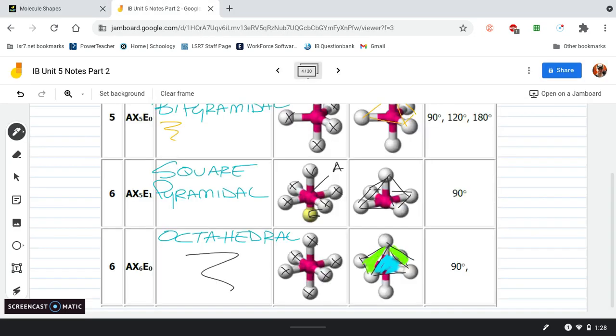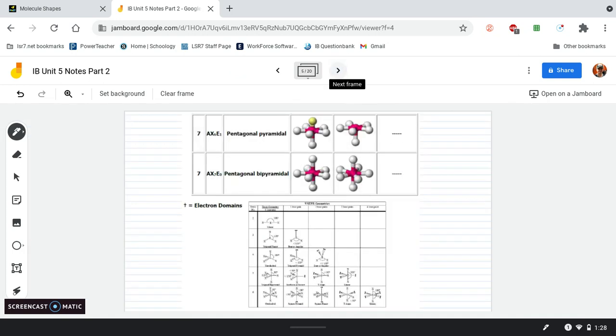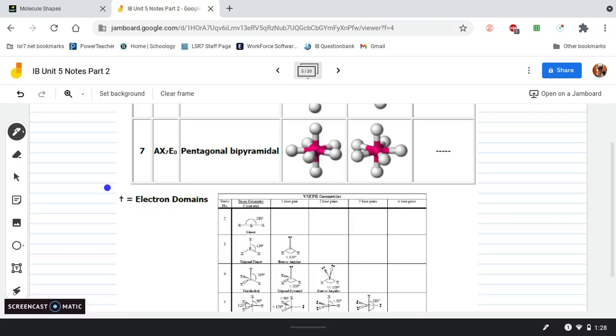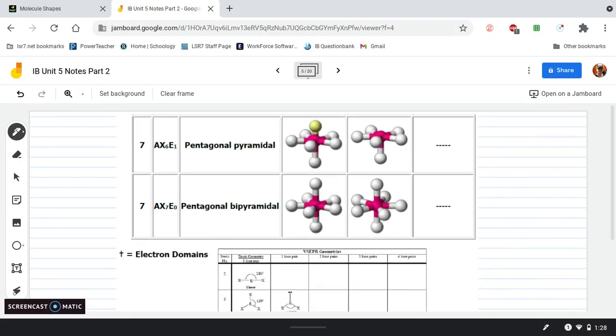All right. Now, that's not all the shapes, but that's all the shapes that IB is going to test you on. These are not tested. I just wanted to give you all of the shapes, but you want to make a note: don't memorize these.